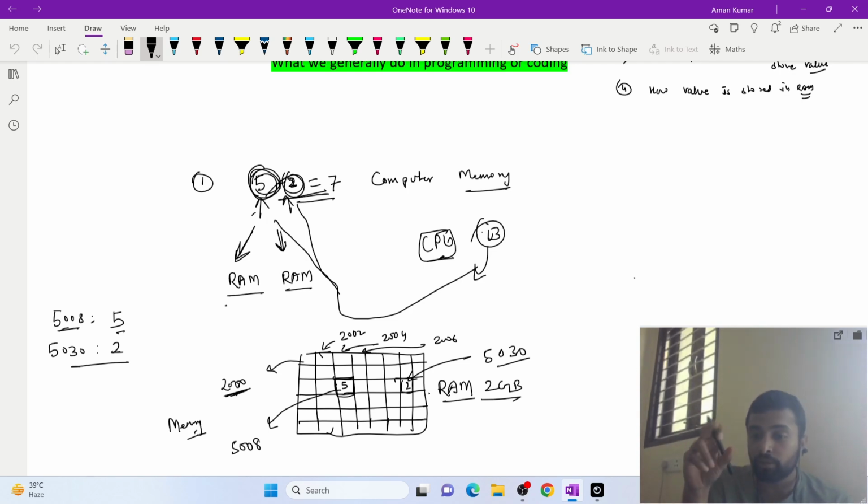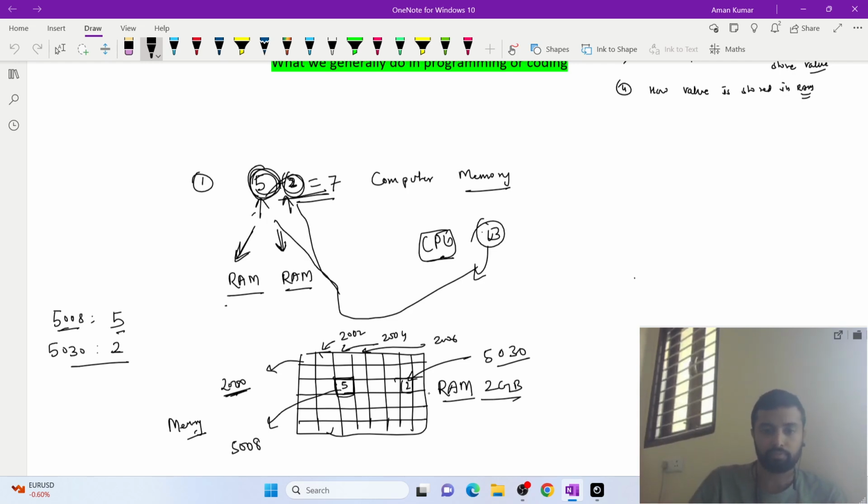So whenever the processor wants to do the operation 5 plus 2, those values will be fetched from that memory location, and then the operation will be performed. Getting my point? So this is how a simple operation is done in a computer. I hope it is clear to you so far. But our main goal is to understand variable. What is a variable? Now let's understand what a variable is.